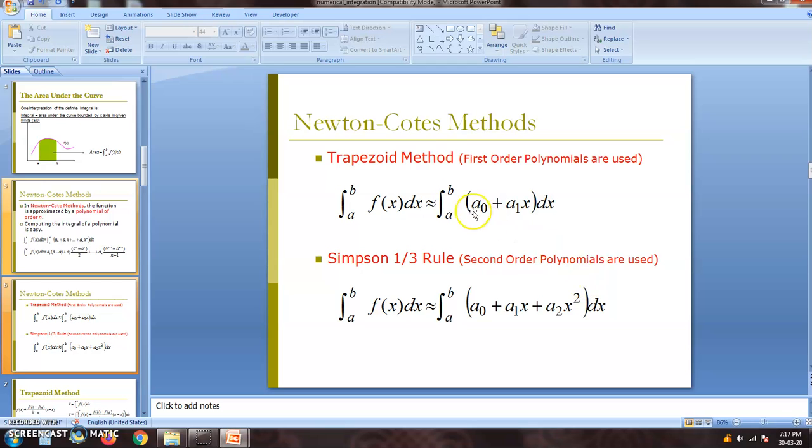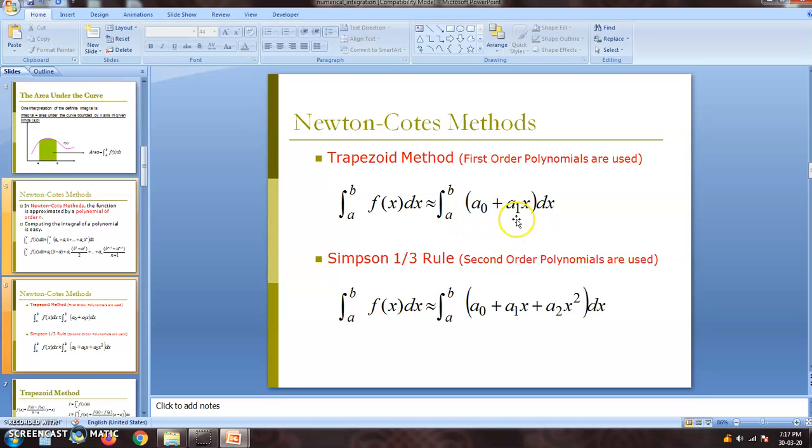Using this, the Newton-Cotes method gives us various formulas. The trapezoid method assumes only two known data points, where the function is approximated using only two terms, a0 plus a1x.